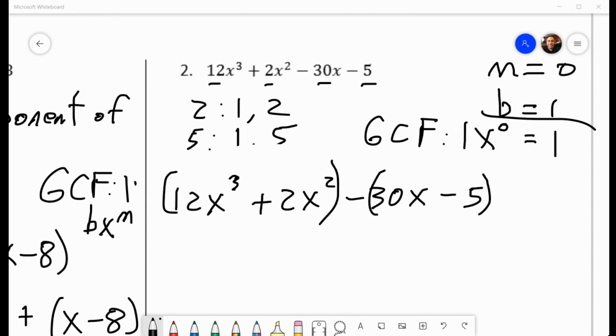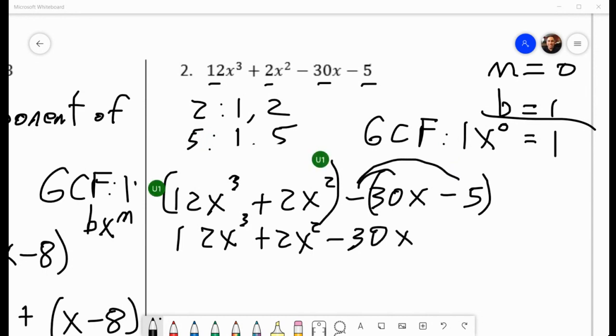Right? This is not the same as what we started with. Can everyone see why? Well, if I were to distribute this negative, so we have the first part, but if I were to distribute that negative, we would have minus 30x, but then we would have plus 5, right?